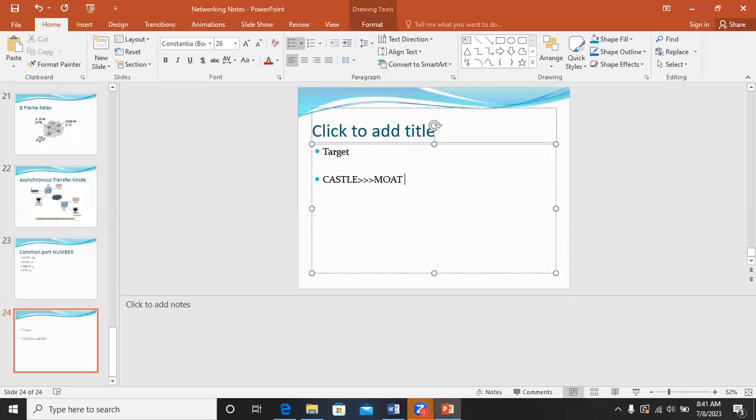A moat is simply like a river. They have a way of flooding the moat to form a circumference around the castle where the king or the noble person is staying. Once it's flooded, there will be a movable bridge that you can use to cross from the castle across the moat to the other side.